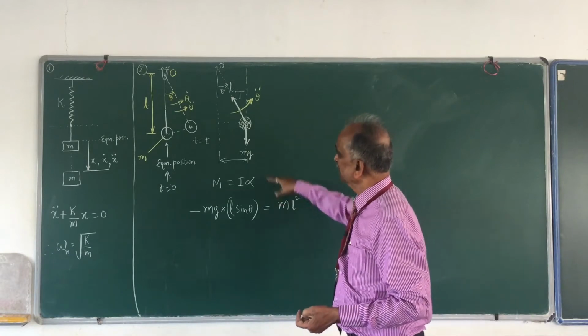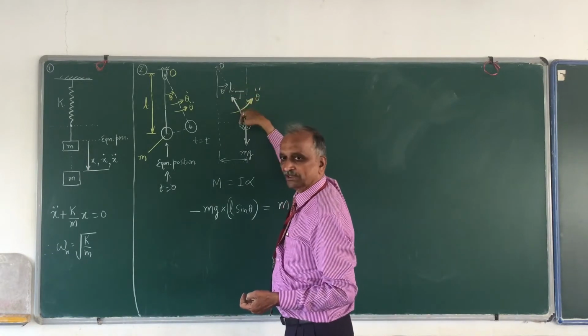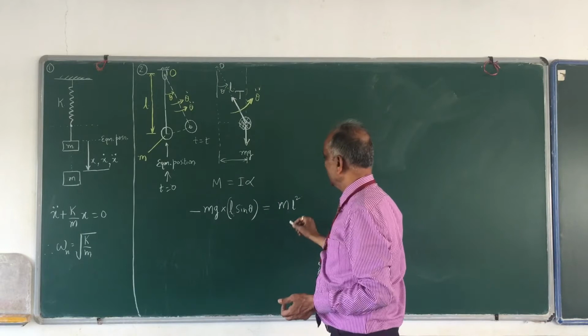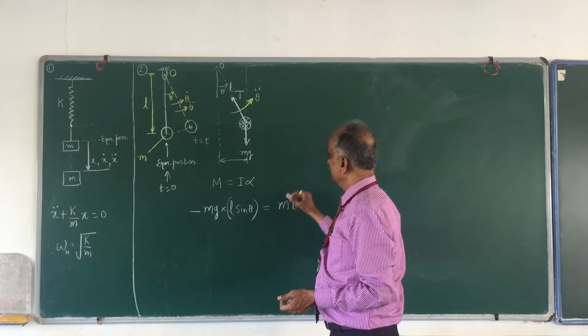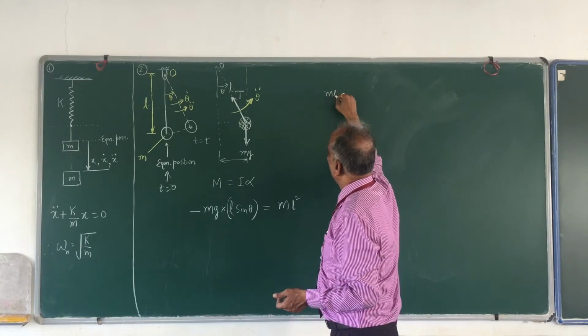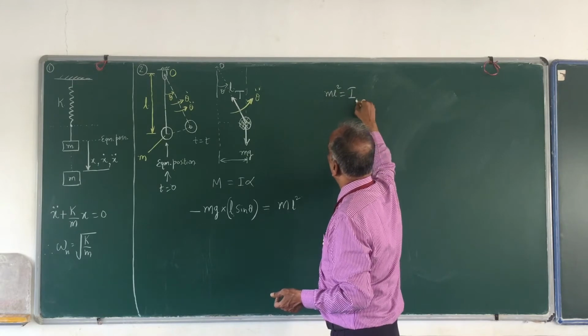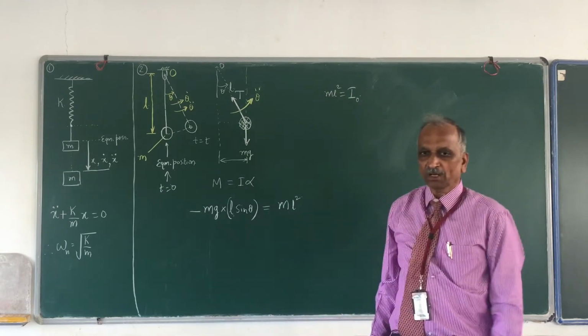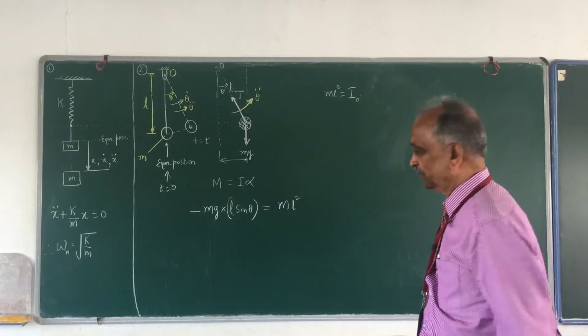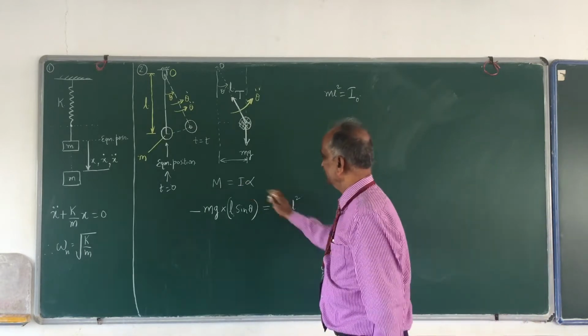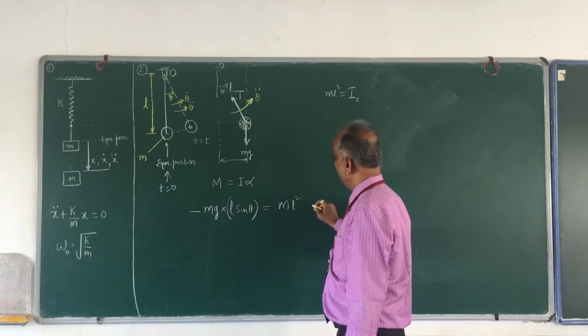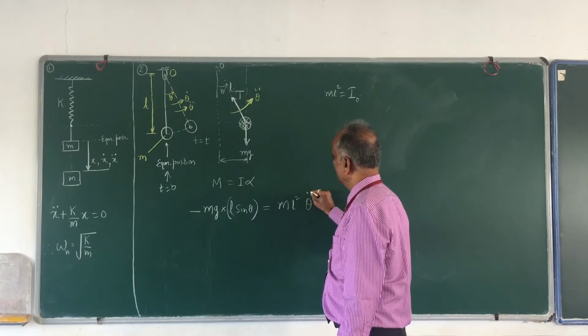So here m multiplied by this distance, which is L. So what I require is m L square, and m L square is nothing but IO, the moment of inertia of this point mass about point O. m L square, this is I. And what is alpha? Alpha is nothing but theta double dot.